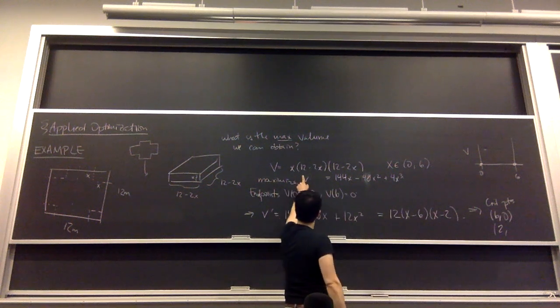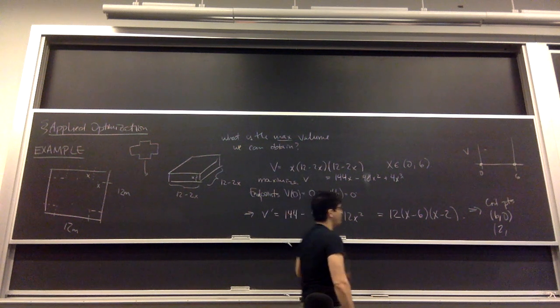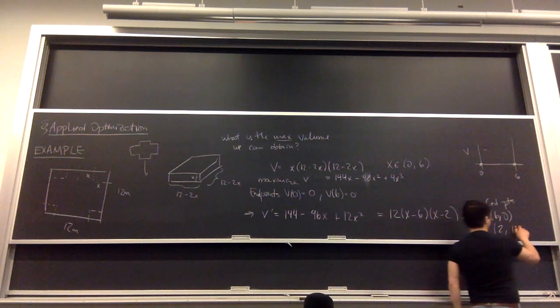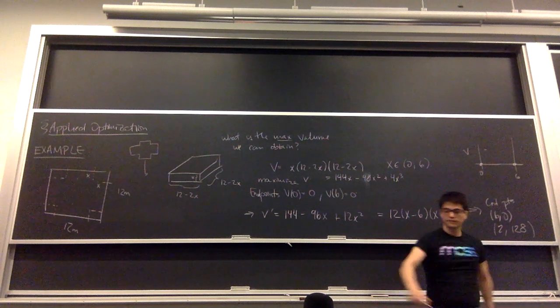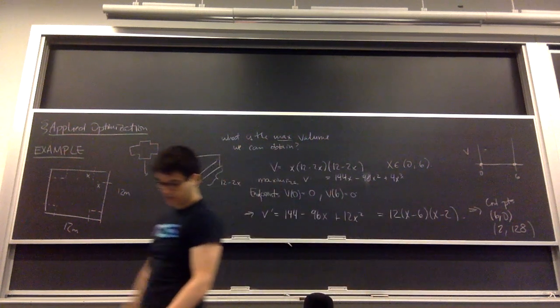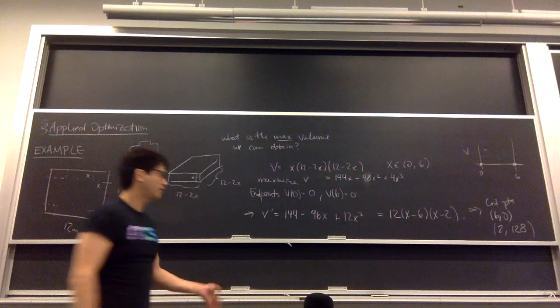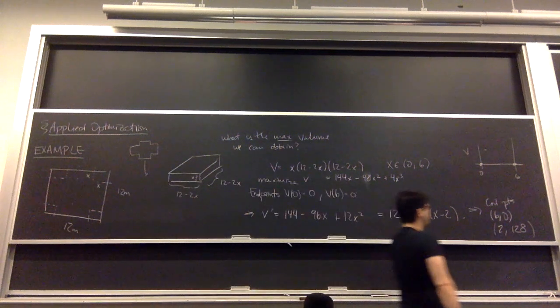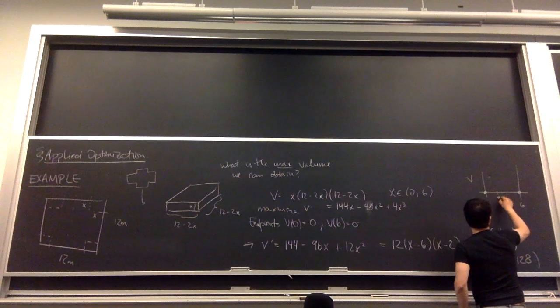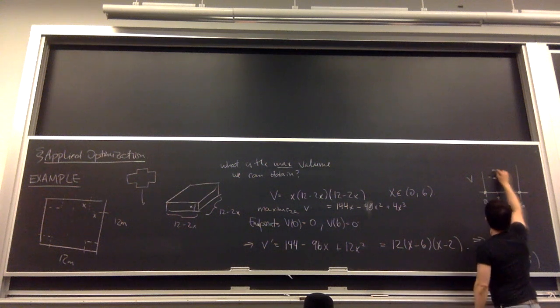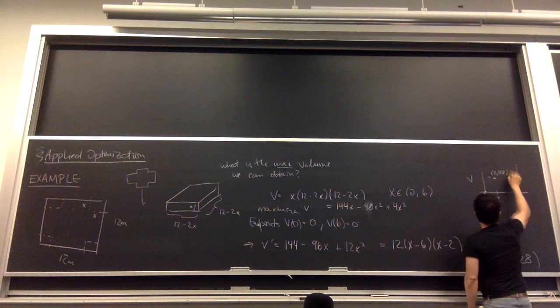What's 12 minus 4? That's 8. If we square that, that's 64, and multiply it by 2, that should be 128. Let's just check, that's what I got. Okay, so we have the point 2, 128.